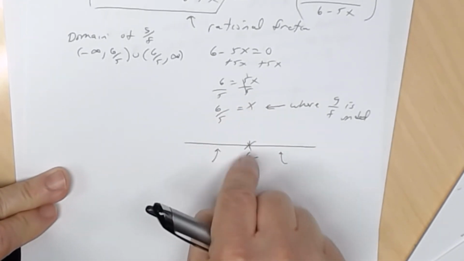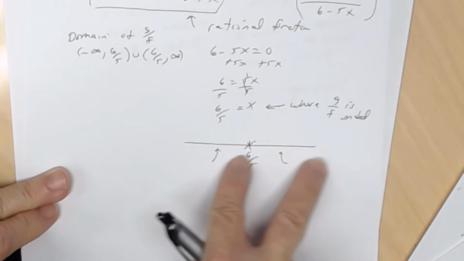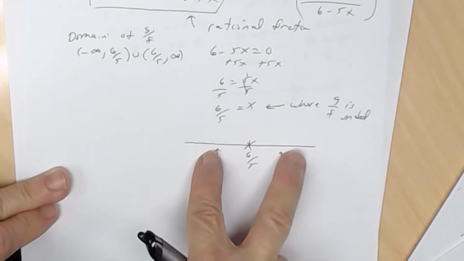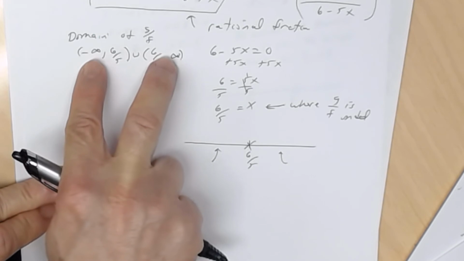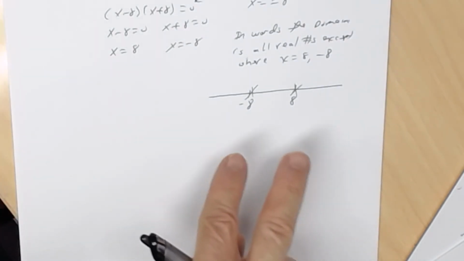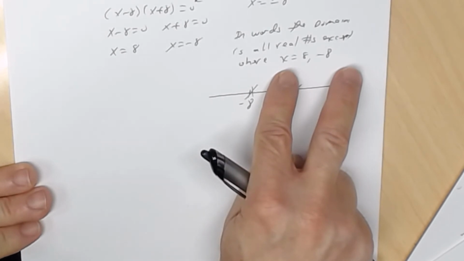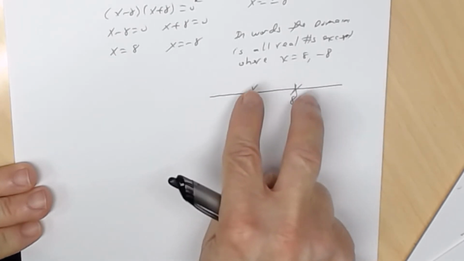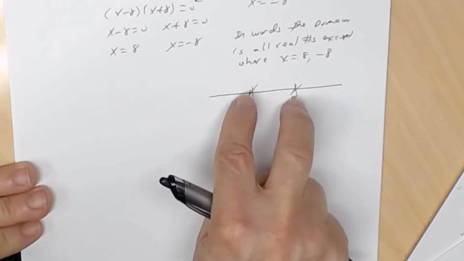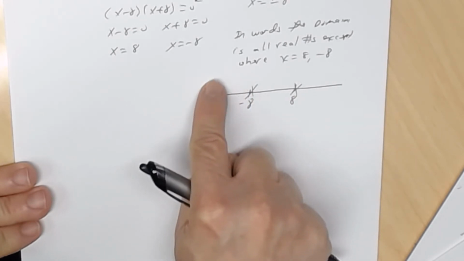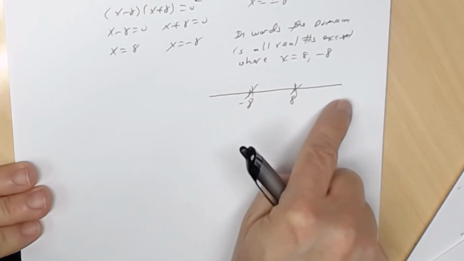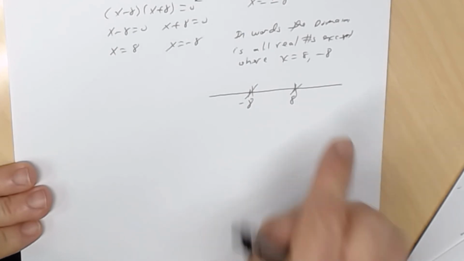So this one restriction divided the number line into how many parts? 2. Hence the 2 intervals. How many restrictions do we have here? There are now 2. So those 2 restrictions are going to divide the number line into how many parts? 1, 2, 3.